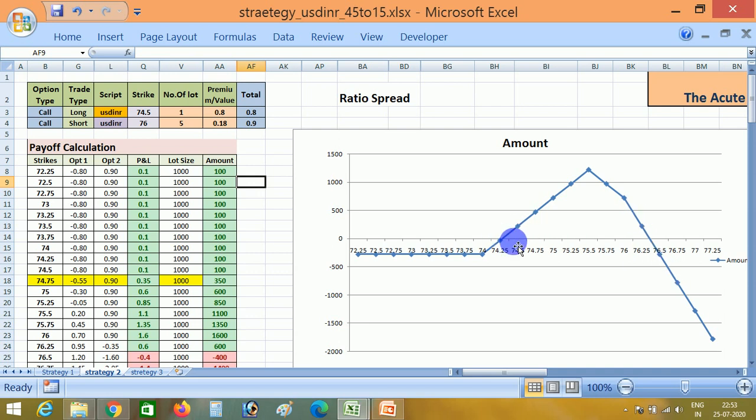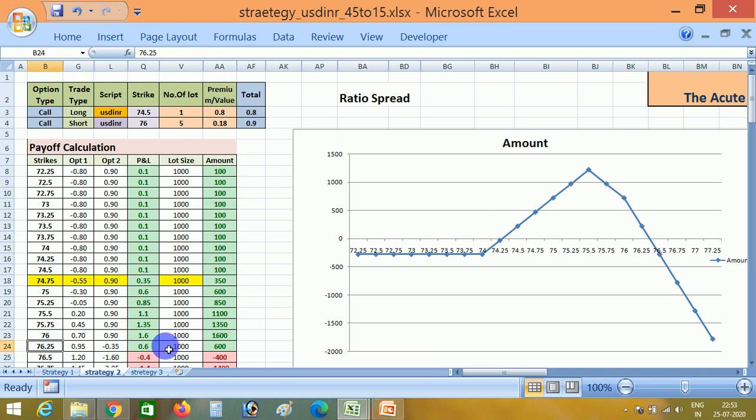So we are somewhere here. When USD INR goes to our short call side, on the upside, first of all it will ride a slope upward, it will give us profit first, then after this value it will make us a loss.